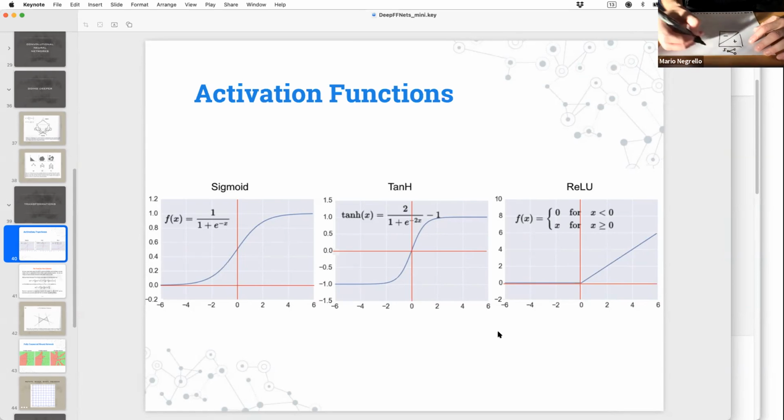It's basically an inequality. It's saying that the output of unit 3 is this heaviside function of activation of unit 1 times weight from 1 to 3 plus activation of unit 2 times weight 2, 3.